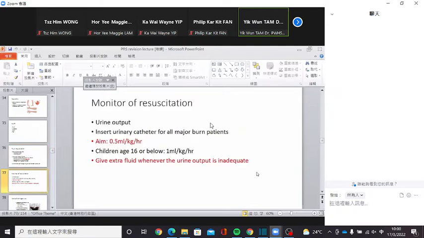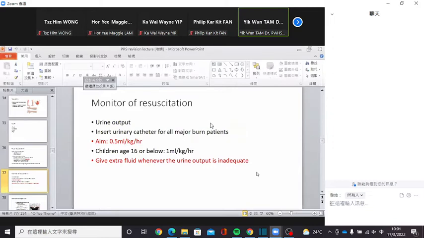So how do we monitor the adequacy of resuscitation? We'll monitor by the urine output. For this reason, we put in a urinary catheter for all major burn patients. Our aim is at least 0.5 ml per kg per hour. For children, we'll aim at 1 ml per kg per hour. If they are having inadequate urine, then we'll try to give extra fluid to challenge and see if the urine output improves.